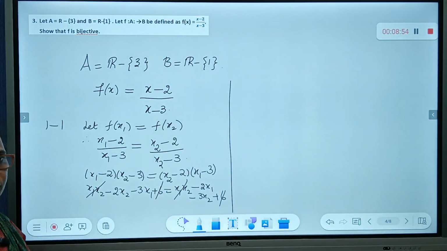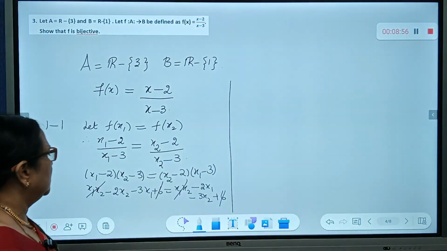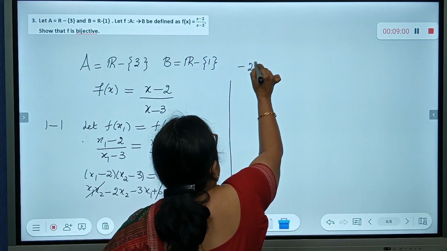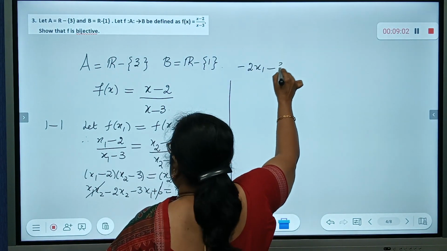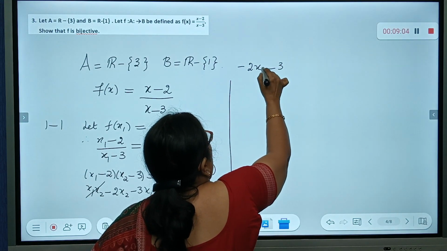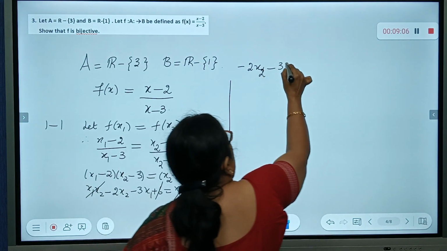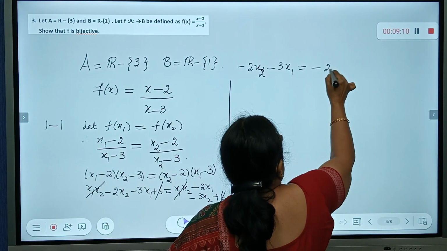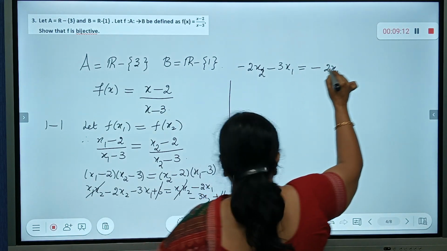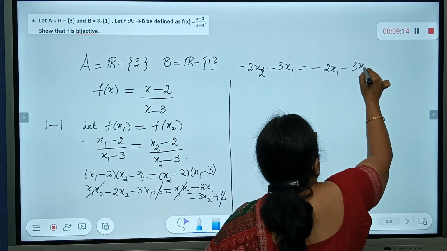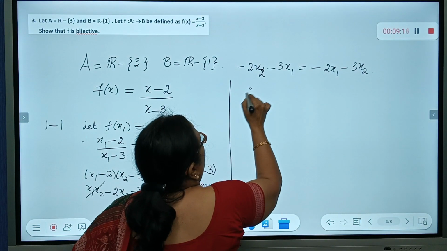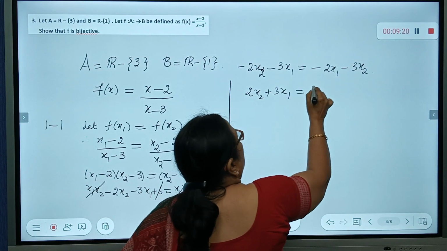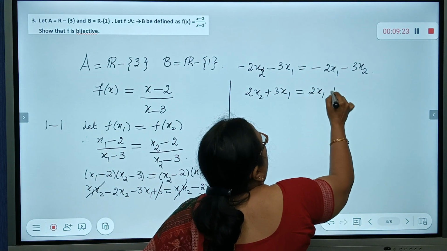So cancelling off the identical terms, you get minus 2x2 minus 3x1 is equal to minus 2x1 minus 3x2. So 2x2 plus 3x1 equal to 2x1 plus 3x2.